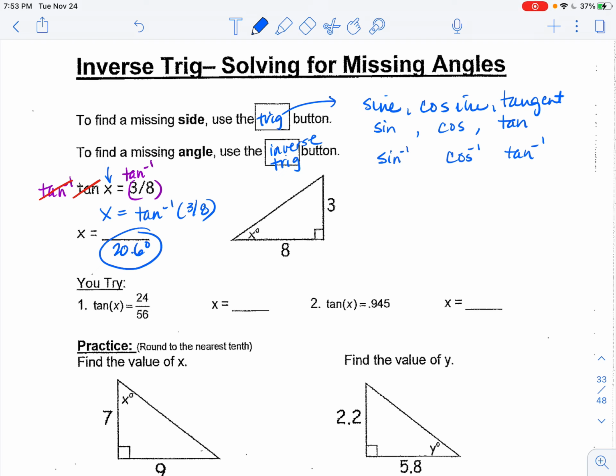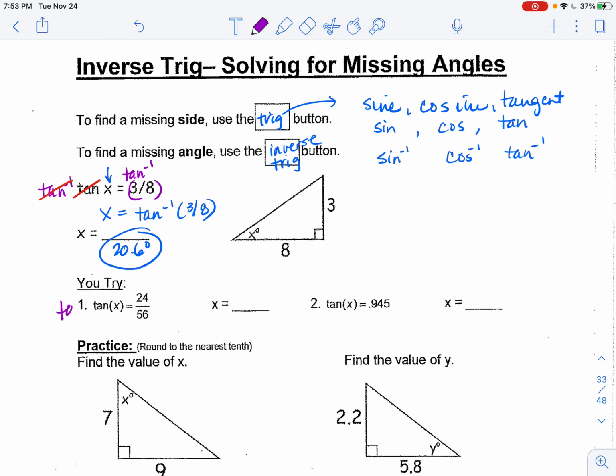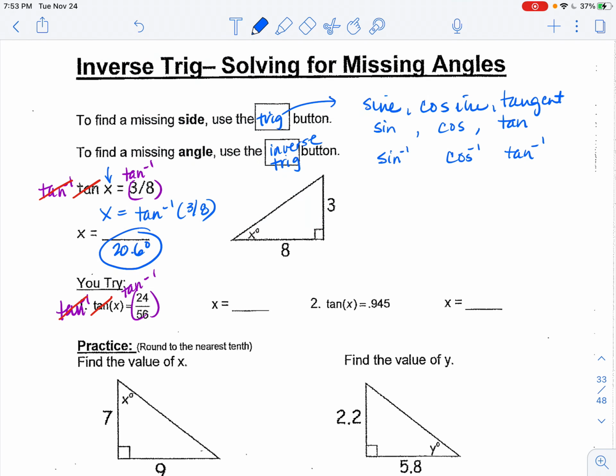All right, your turn to try. Tangent x is equal to 24/56. We're going to undo tangent with inverse tangent. I'm going to write it on both sides. It's going to cancel the tangent on the left and leave us with just x. So x is equal to inverse tangent of 24/56.